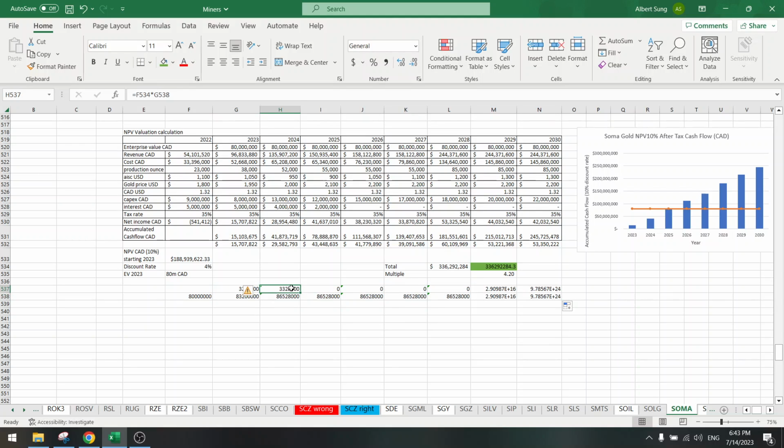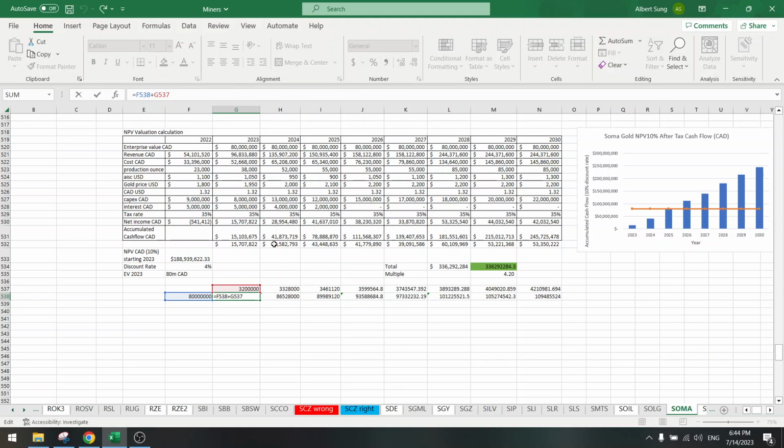Apparently not. Let's see what happened. Oh, okay. I need to do F534 like this. And then I can drag this. And this is this plus this. This is this plus this. Okay, I think we're correct here.